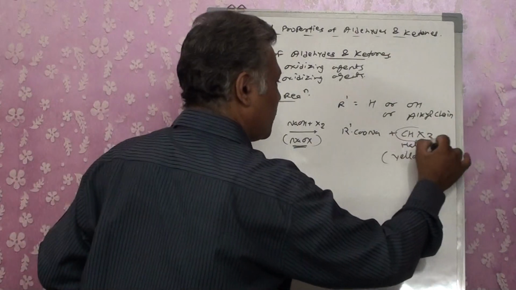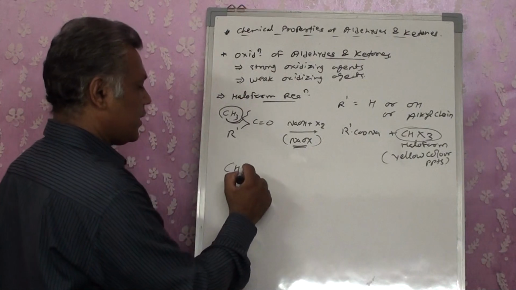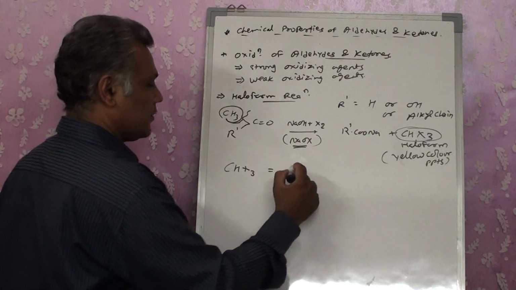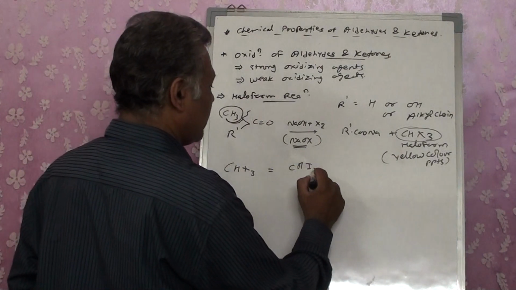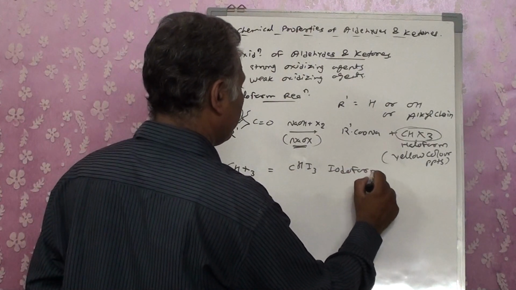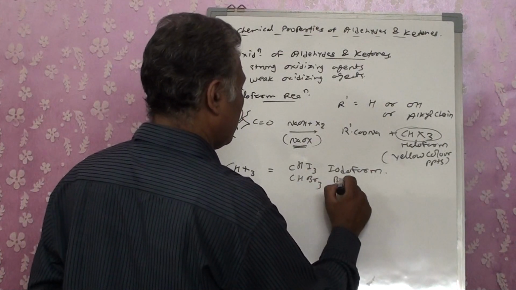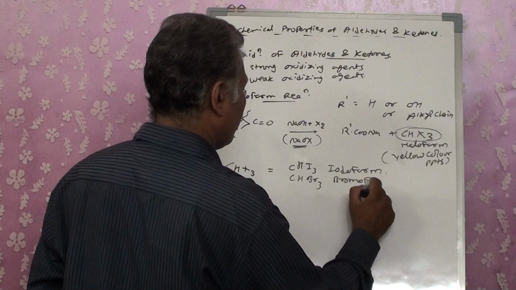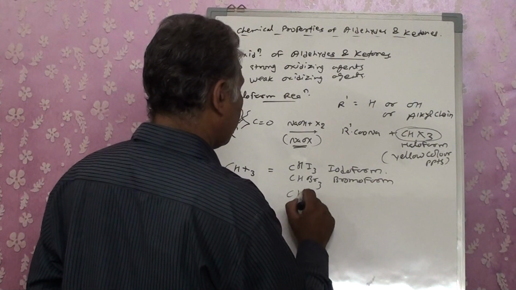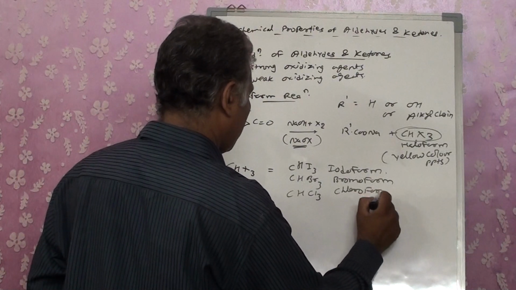This is a specific compound. If I have CHI3, it is known as iodoform. CHBr3 is bromoform. And if it is CHCl3, it is chloroform.